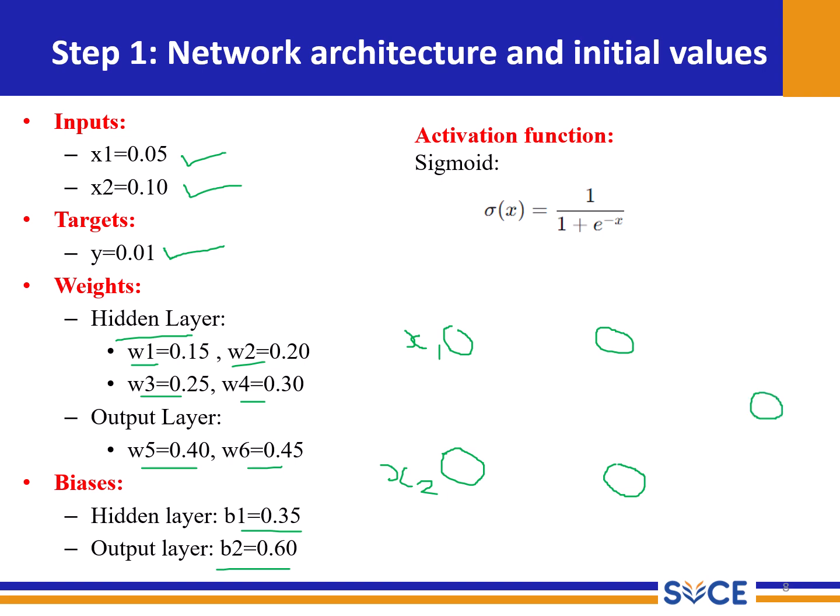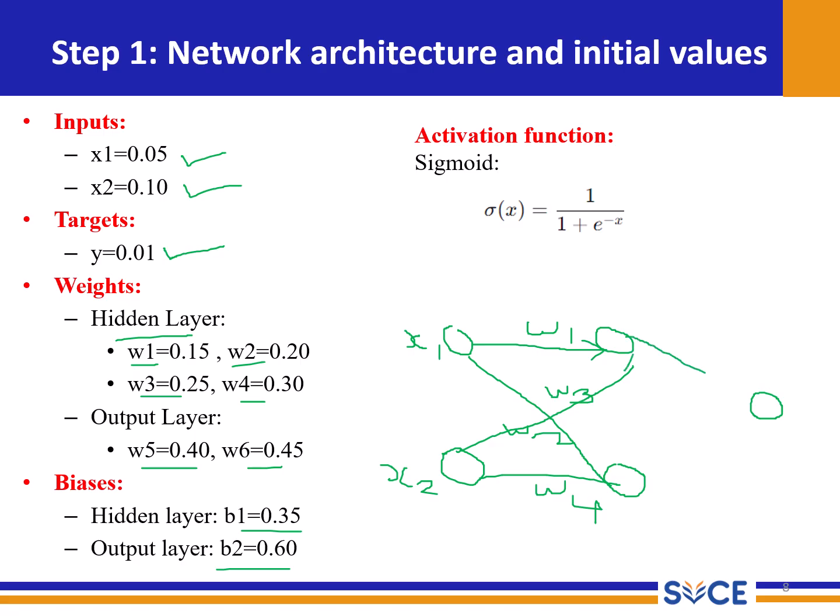So here the input x1 to this node is w1 and x1 to this node is w2, and x2 to this node is w3, and x2 to this node is w4, and this is the hidden layer.